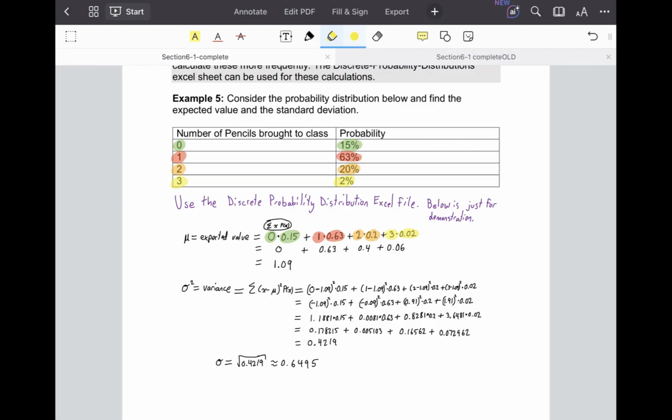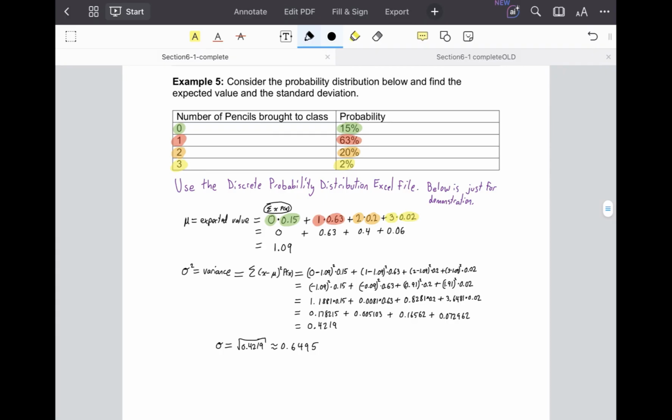It's that formula there. When you do that, it gives you your mean, which is 1.09. It's like the average number of pencils that people bring.